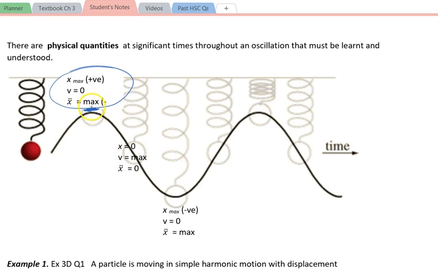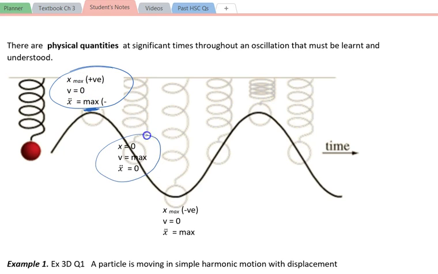Well, we would have maximum acceleration, because you can press that spring up. Think of acceleration like a force. What do you feel on your hand? There's quite a force because it wants to spring back down. What's happening in terms of how it's moving? Well, it's not moving, so its velocity is naught. And at that position it's at its maximum amplitude.